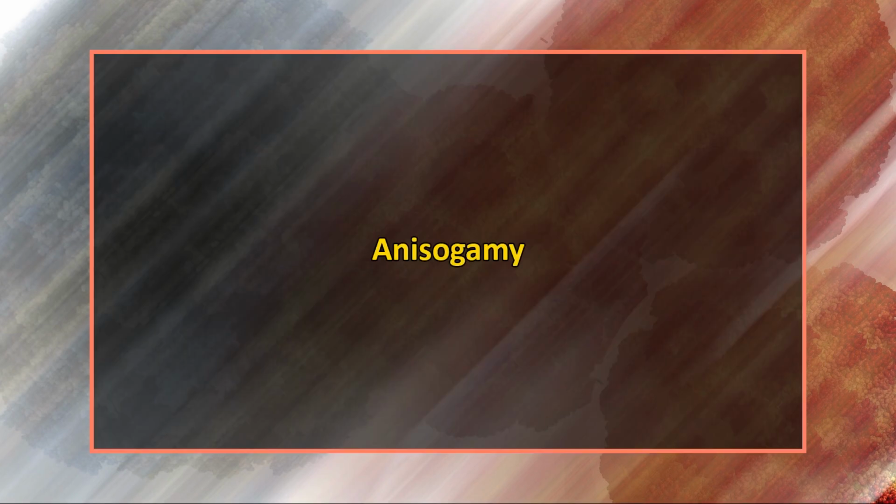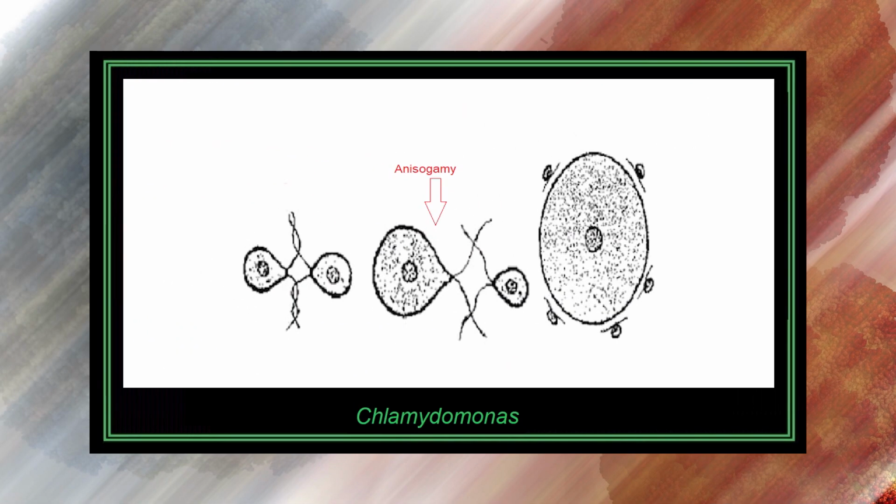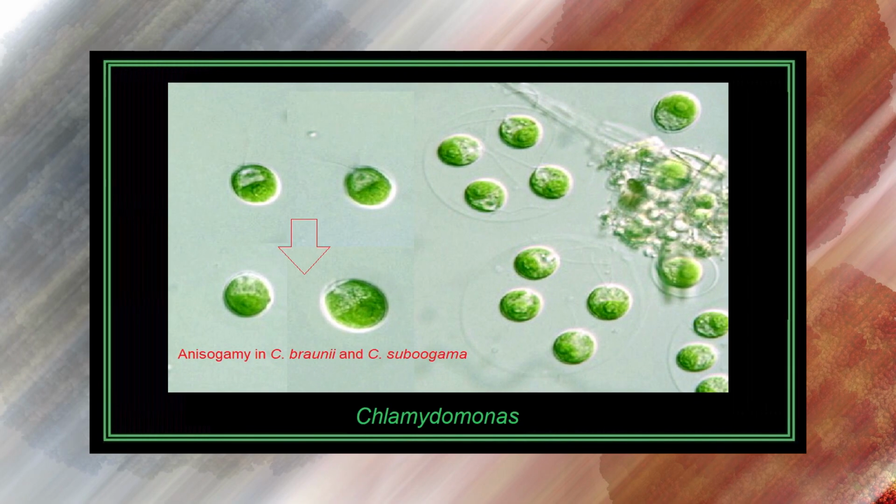Now, anisogamy. In anisogamous reproduction, the gametes are unequal in size but have the same shape. The female gametes or macrogametes are larger. For example, in Chlamydomonas braunii and Chlamydomonas suboogama.